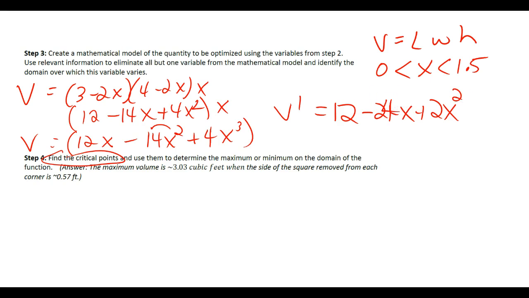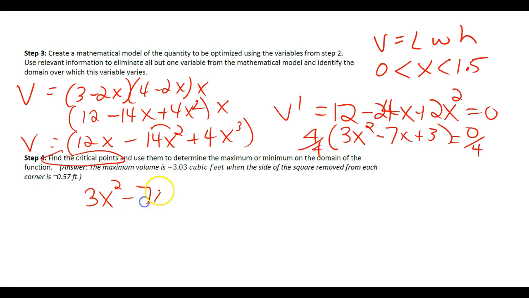So in this case, we set this equal to 0. It was very difficult to try to factor this thing, so I ended up using the quadratic formula. First, I was able to factor out a 4, and when I divided both sides by that 4, it basically went away, right? So I'm starting with 3x squared minus 7x plus 3 equals 0.